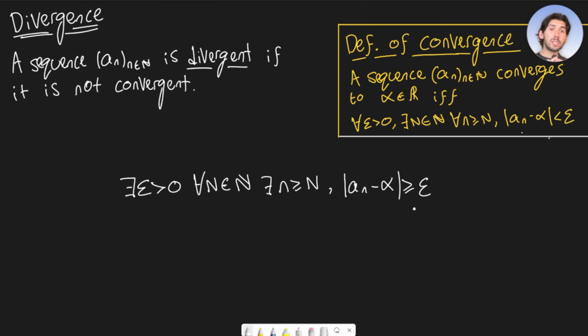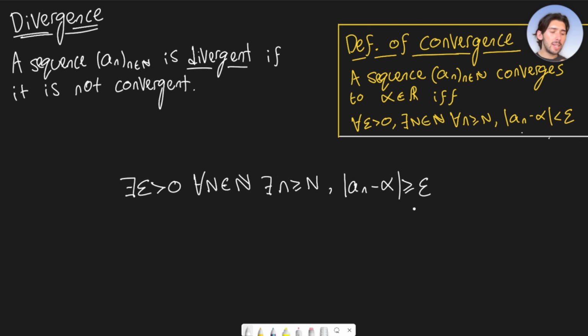Now, this is the negation of saying that a sequence converges to a particular alpha. Just because something doesn't converge to a particular value, it doesn't mean that it doesn't converge at all. So there's an extra bit to this. For example, the sequence 1 over n does not converge to the number 5, yet it still converges, right? It converges to 0. So it's not enough for us to just say this.